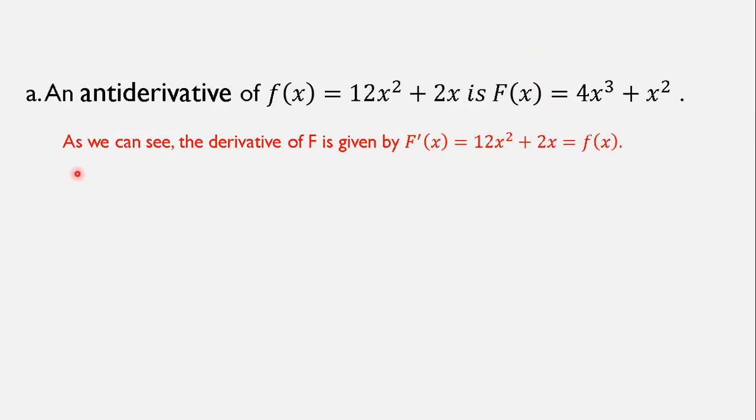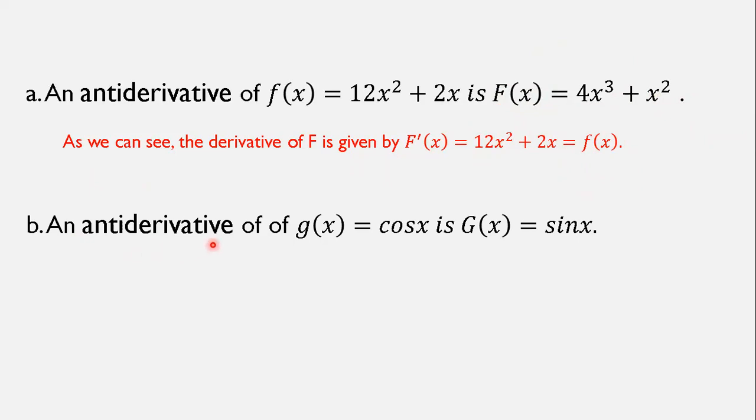That's why this function is the antiderivative of f of x, which is equal to 12x squared plus 2x. Let's have another one. An antiderivative of g of x equal to cosine x is the capital letter G of x equal to sine x.